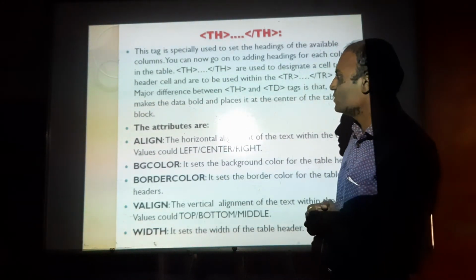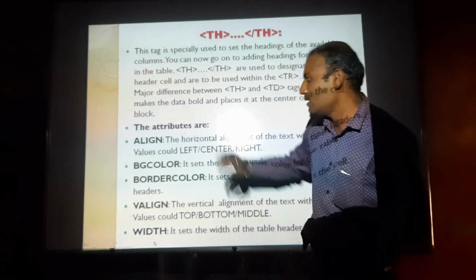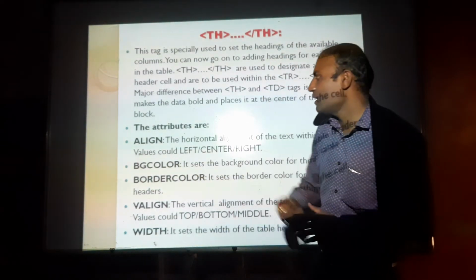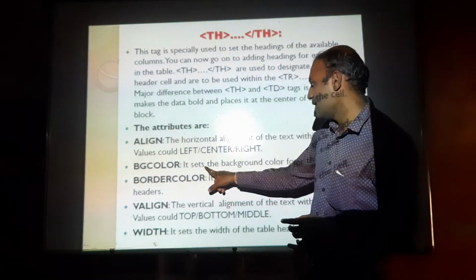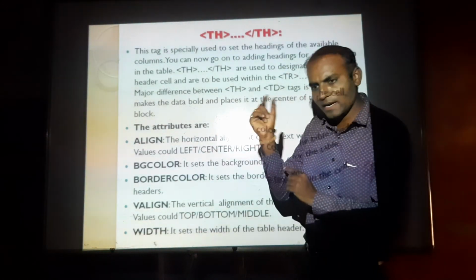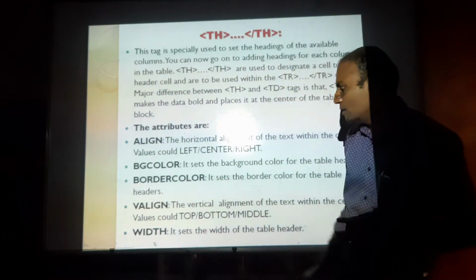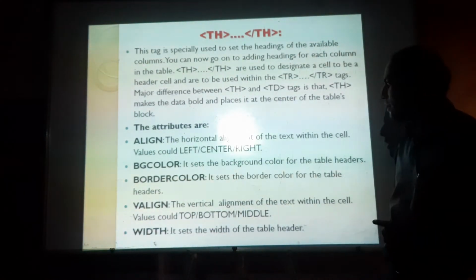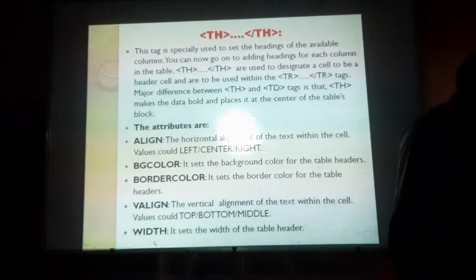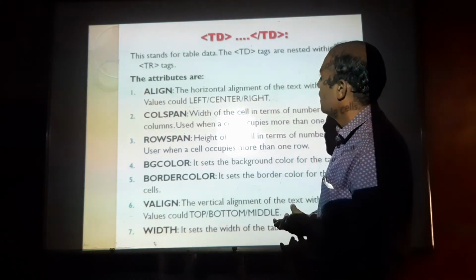Again, the attributes associated with TH are align, that is horizontal alignment, V-align, vertical alignment. You can specify the background color for a particular TH, meaning a particular cell of your heading, and border color, and also you can specify the width of the table headers.